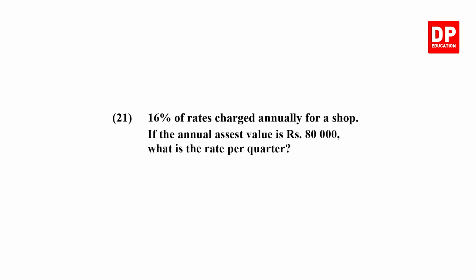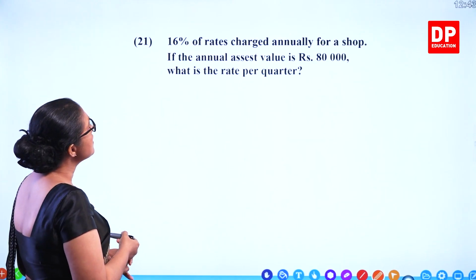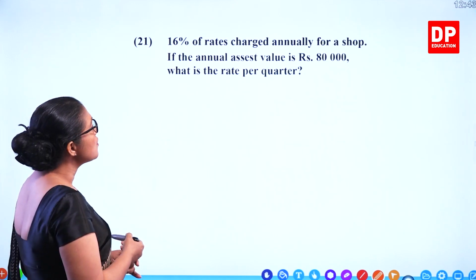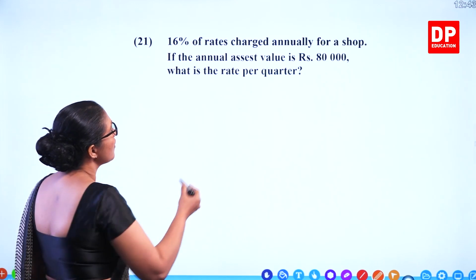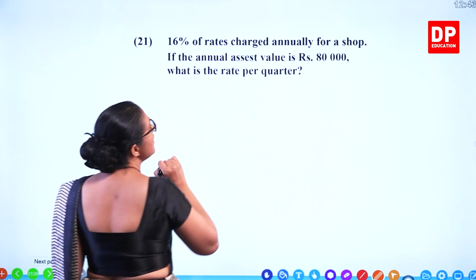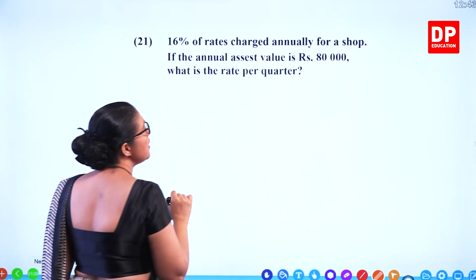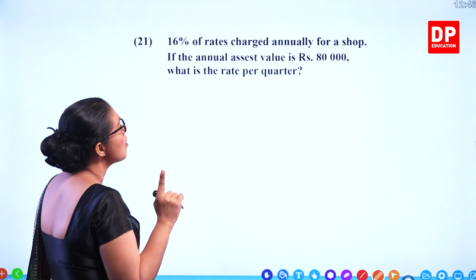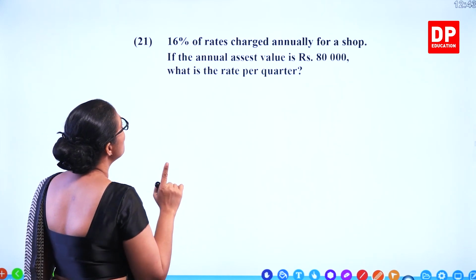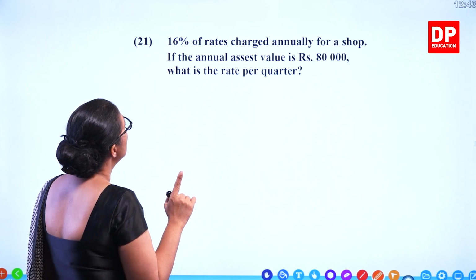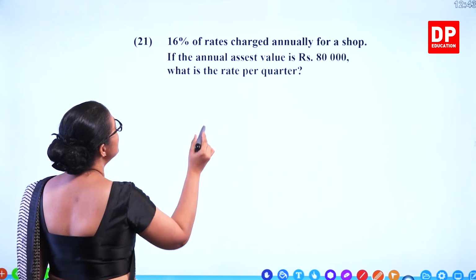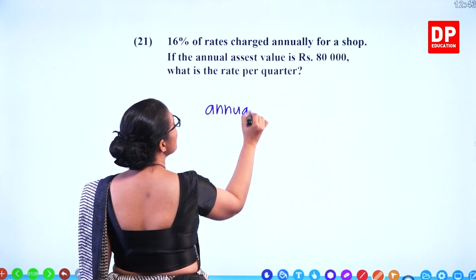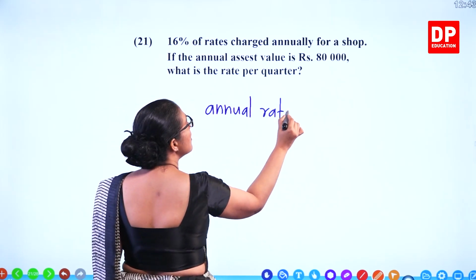Question number 21. 16% of rates charged annually for a shop. If the annual assessed value is 80,000, what is the rate per quarter? So we'll first find out the annual rates.